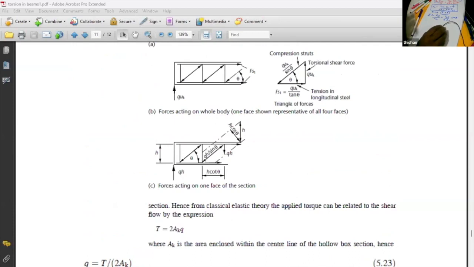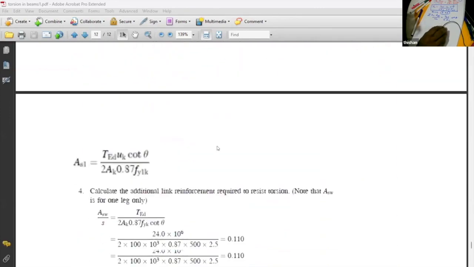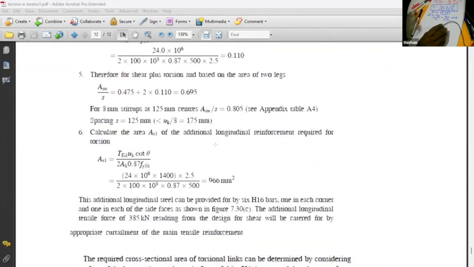If you are providing some reinforcement, the reinforcement should resist this q h. If you are providing one reinforcement, it should resist this q h, but we may have a number of reinforcements at spacing s. Because of that, we can get rid of this h in the equation. We can replace h with s.